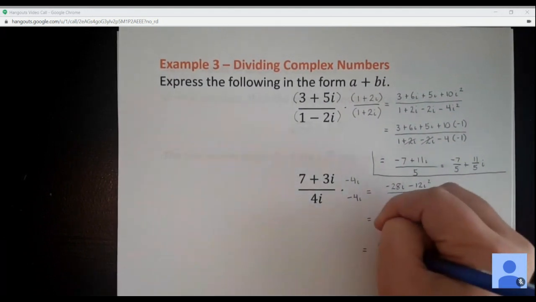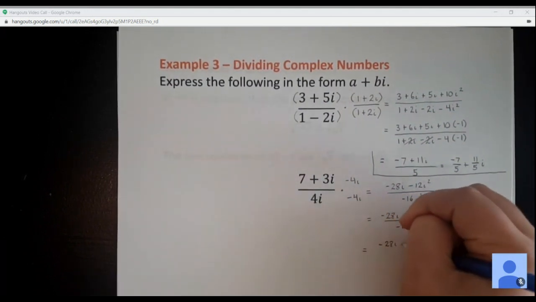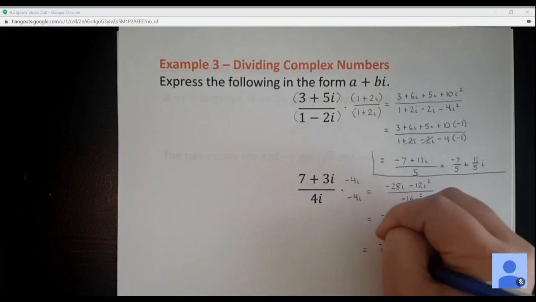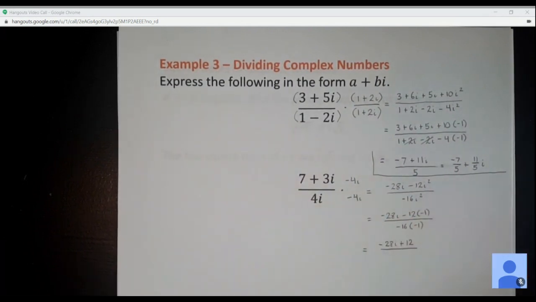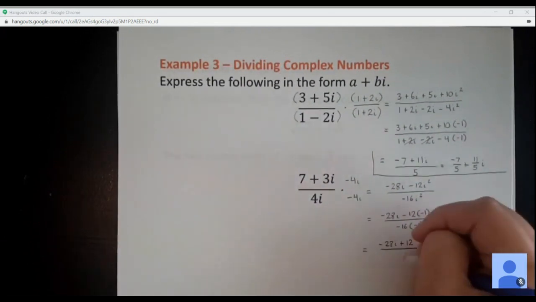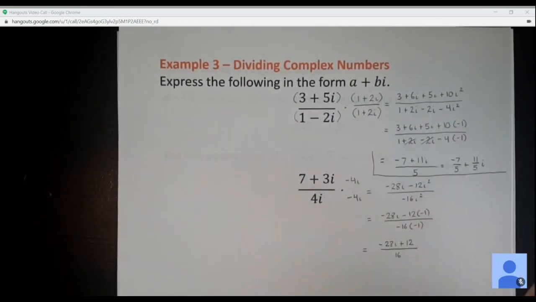Good. 28i, and that's going to become plus 12. And then our denominator is just going to be what? 16. Good.